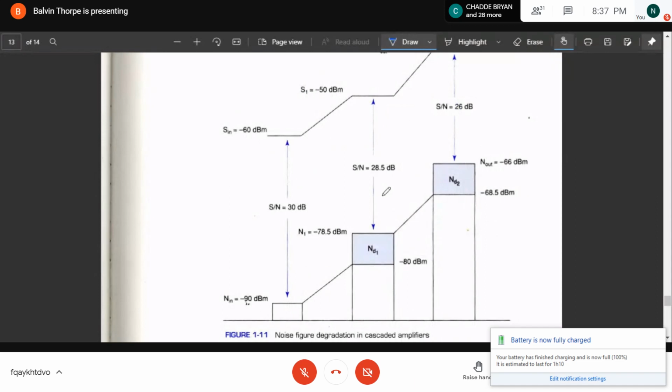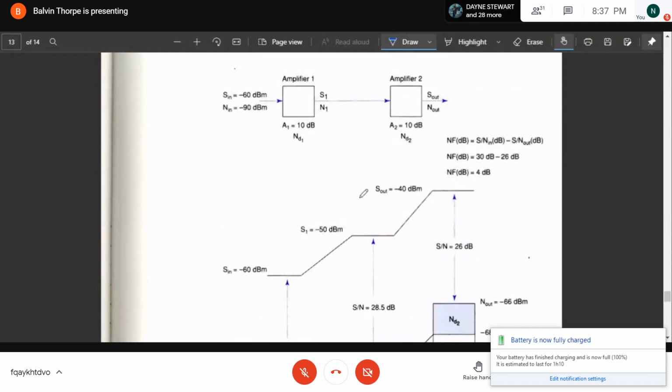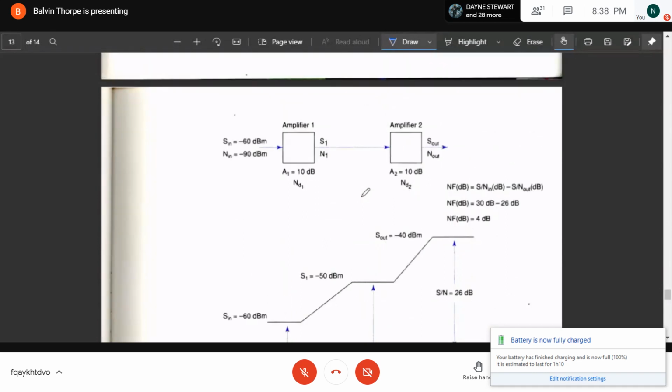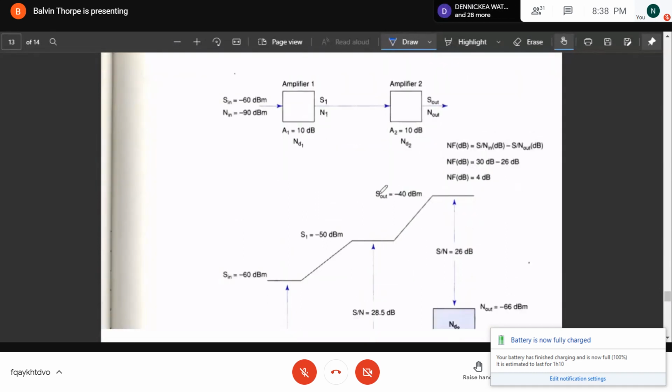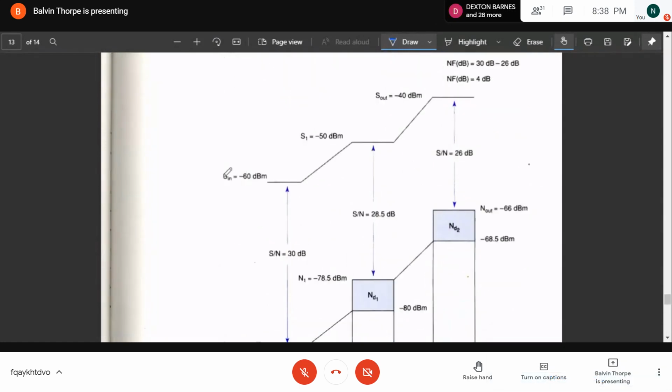Okay, now here's a pictorial representation of what is really happening, apart from what we calculated previously. I said that this was a signal to noise ratio.